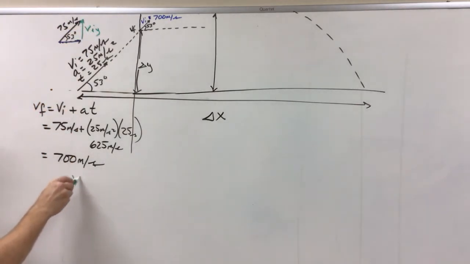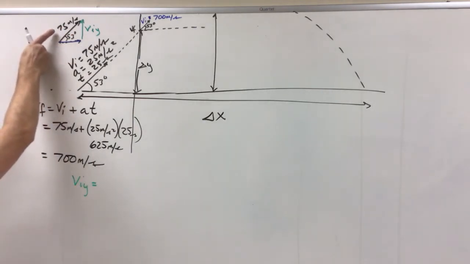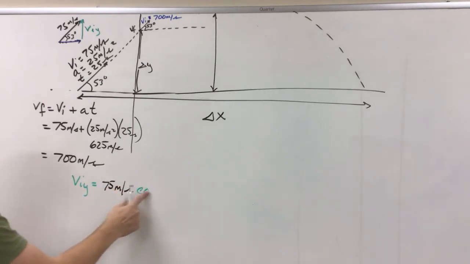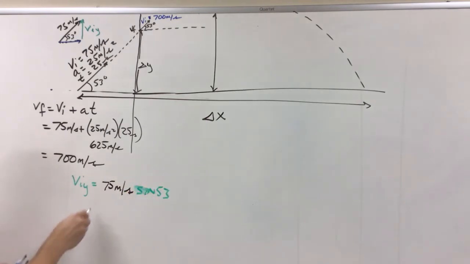The initial velocity in the y direction for that first part of the motion is going to be a function of the initial velocity, 75 meters per second, and the sine of 53 degrees. We run that through the calculator, and we get 59.9 meters per second.